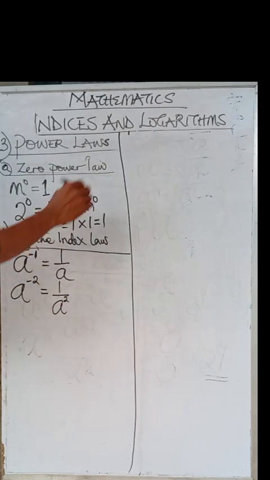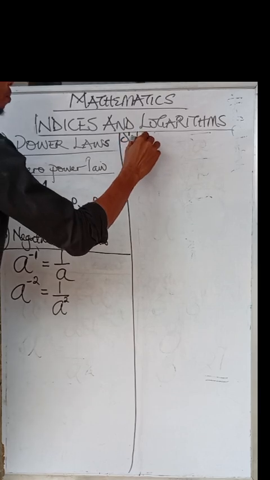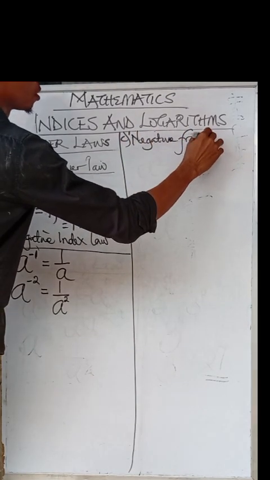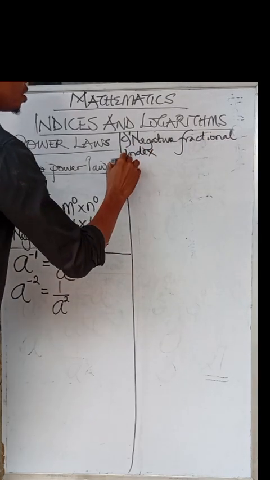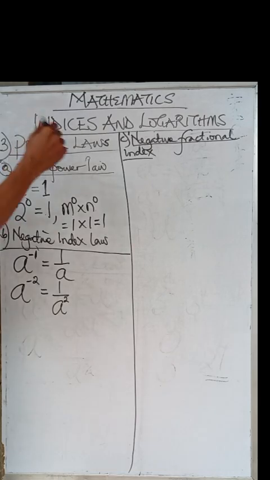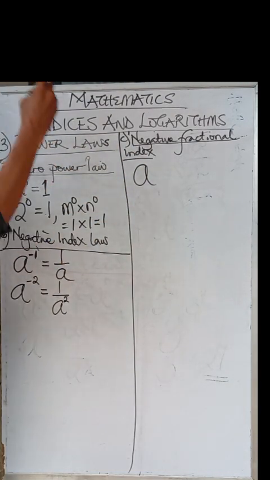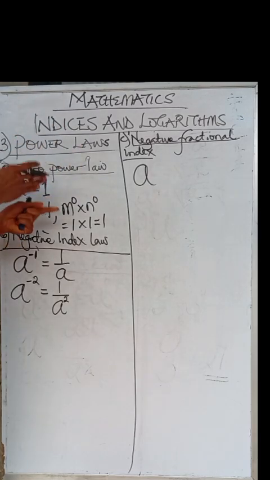The third one is called the negative fractional index. In this form, the base has an index that is a negative fraction.